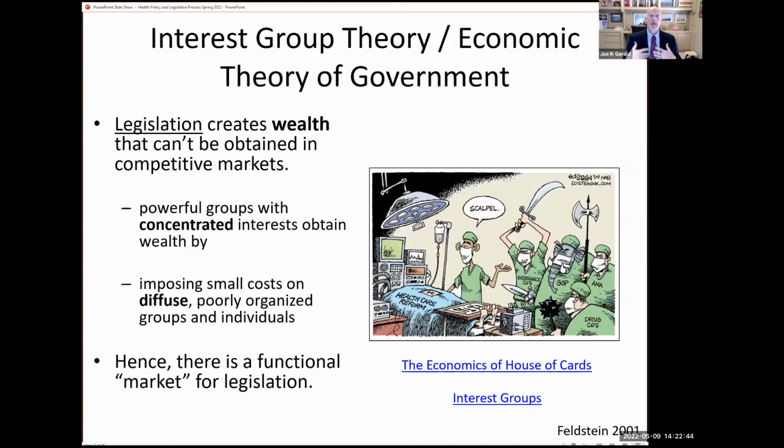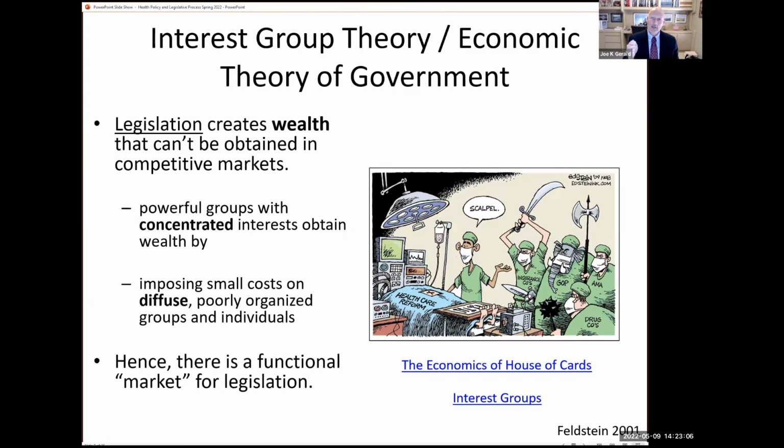Well, for this, we need a new theory or a new way to look at this. And this is interest group theory, or another way you might hear it is economic theory of government. It basically says that when the government writes a new law, that law oftentimes creates wealth that can't be obtained in competitive markets.